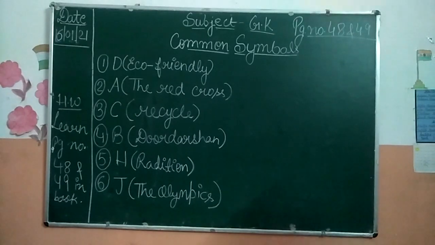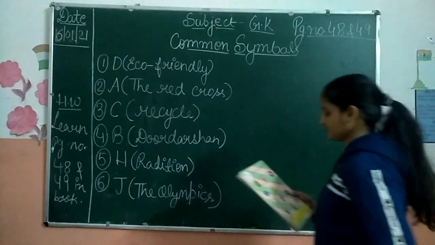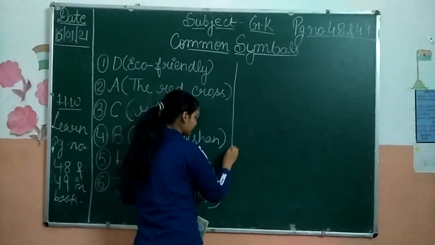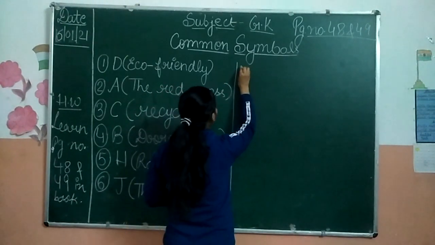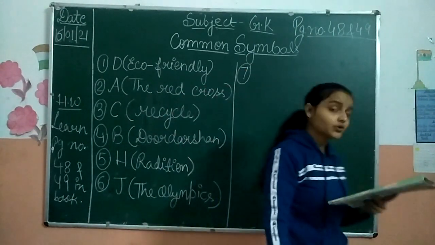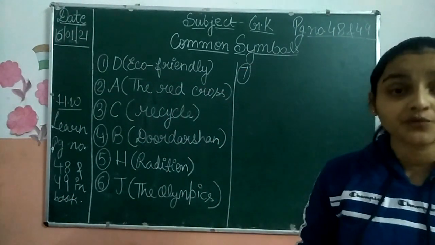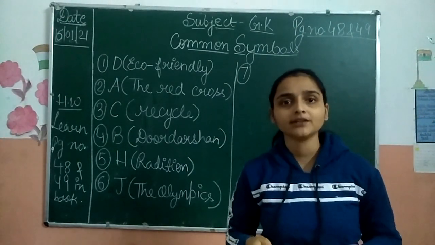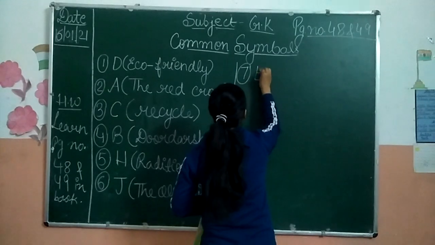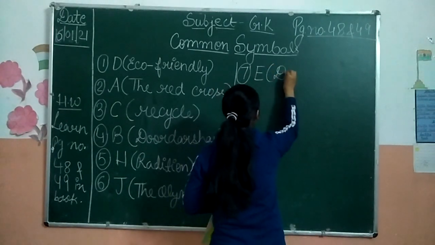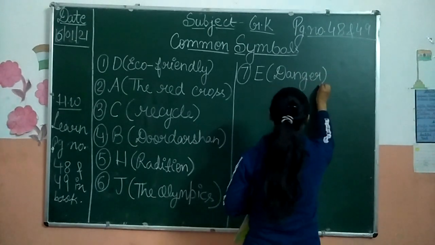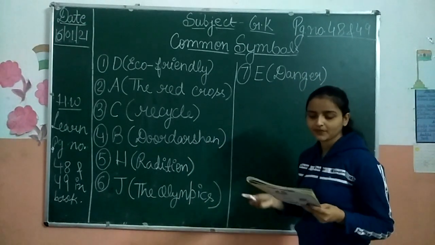Now come to 7th number. Here I am going to write down the 7th number. Okay. Look at the 7th picture. This picture shows what? Danger. So write it down. E. Danger. Okay.